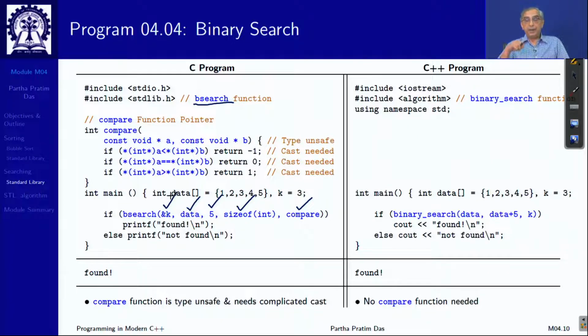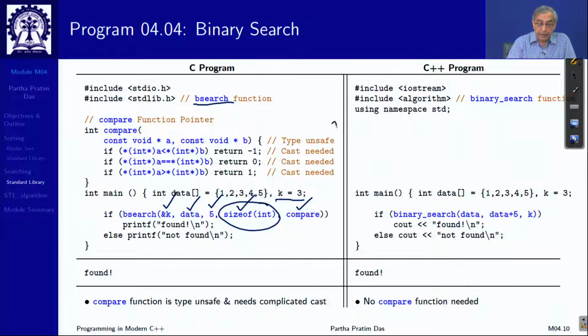Note that this is passed as an address, because it becomes easier for bsearch to manipulate that, because internally it does not again know what is the type of value that is involved. So, internally it cannot have a value k, because it does not know the type. So, internally what does it do? It assumes that it is getting an address, which is again of the type void star, and makes use of that. Using the size, it figures out how much of it is to be read.